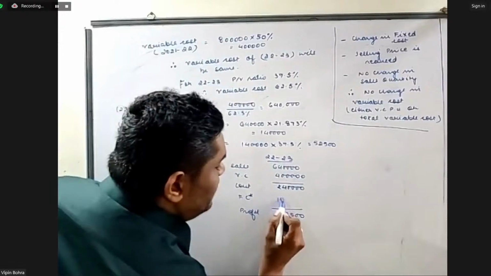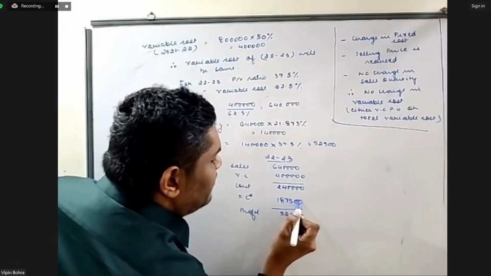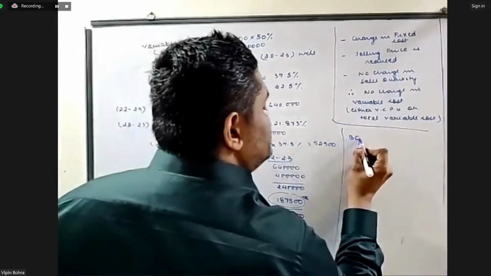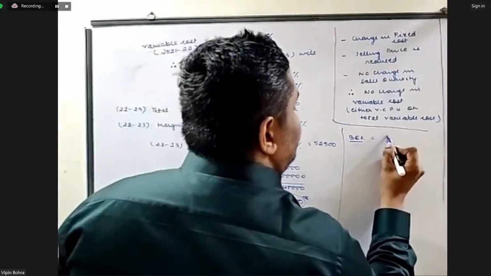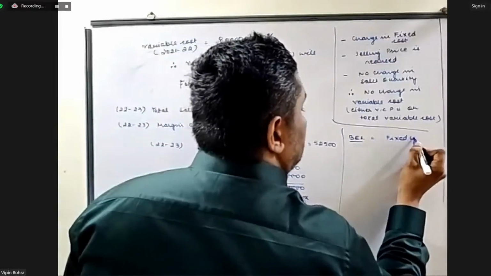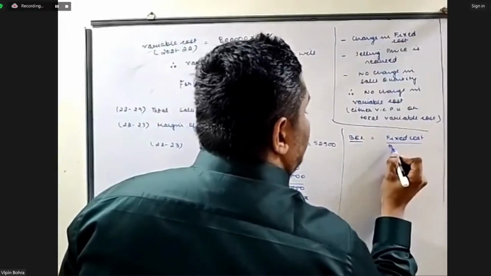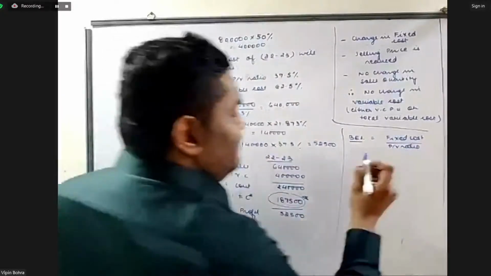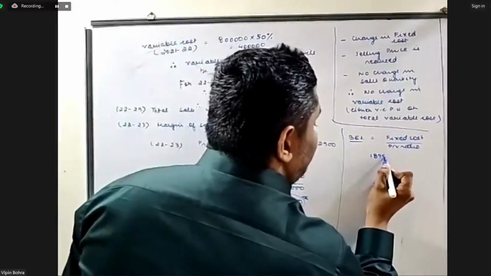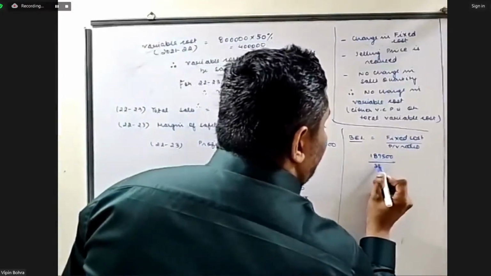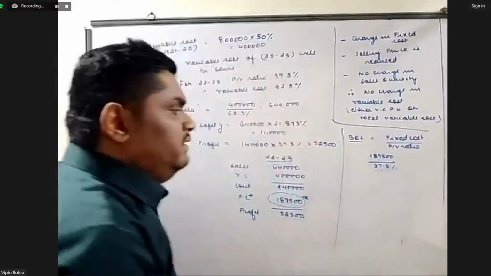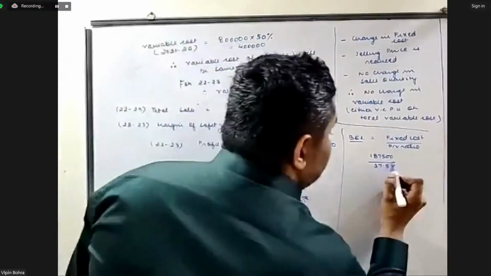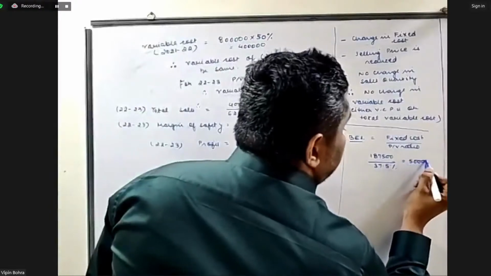So my fixed cost will be 187,500. I can calculate my break-even sales also. That is fixed cost divided by PV ratio. So my fixed cost is 187,500 divided by 37.5%. So my break-even sales will be 5 lakh rupees.